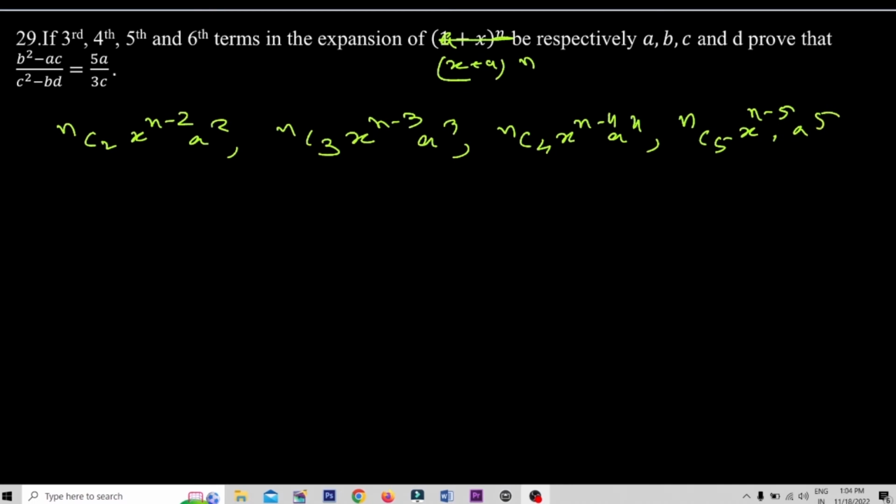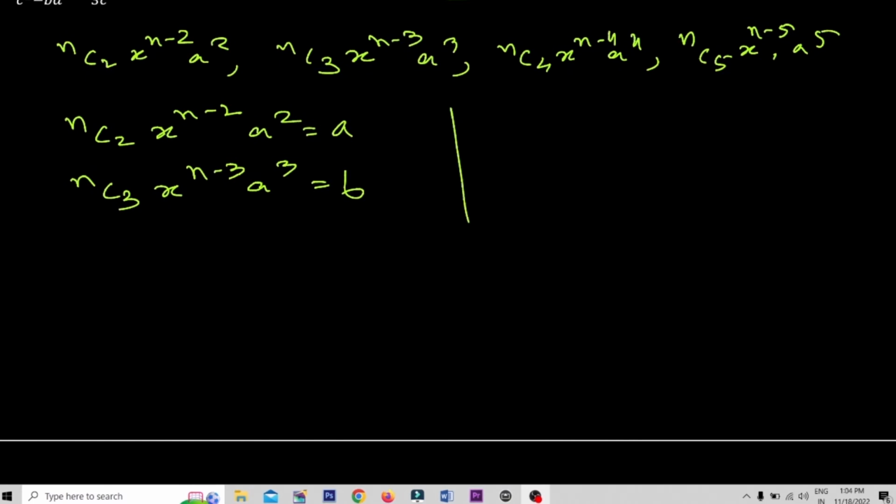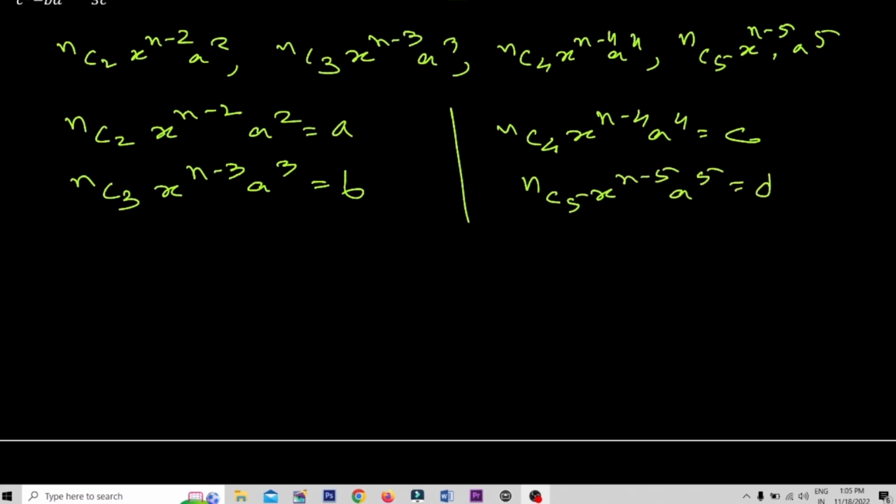So according to the question, nC2 x to the power n minus 2 a square equal to a, nC3 x to the power n minus 3 a to the power 3 equal to b, nC4 x to the power n minus 4 a to the power 4 equal to c, nC5 x to the power n minus 5 a to the power 5 equal to d.